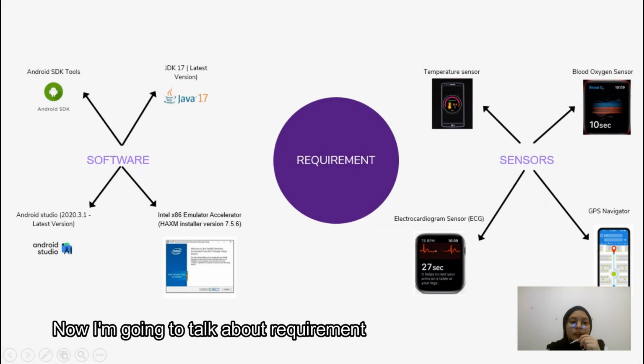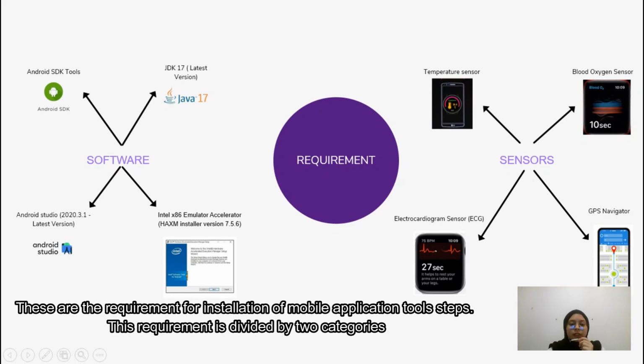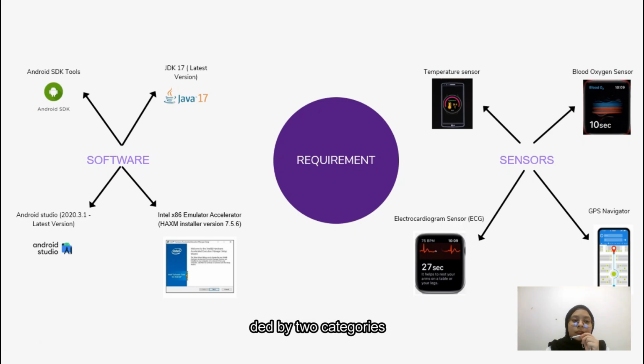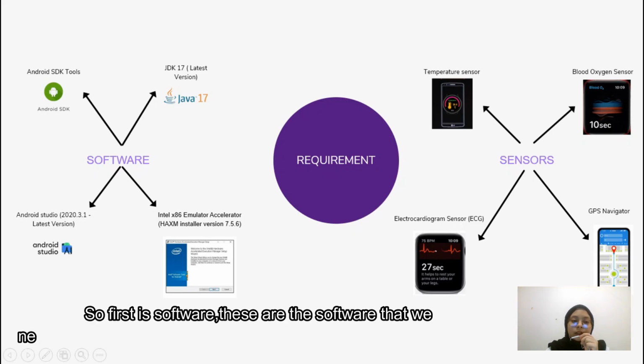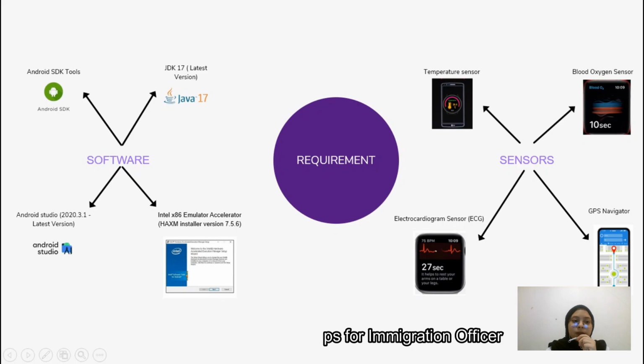Now I am going to talk about requirements. These are the requirements for installation of the mobile application through steps. This requirement is divided into two categories. So first is software. These are the software that we need to develop coronavirus detection apps for immigration officer.